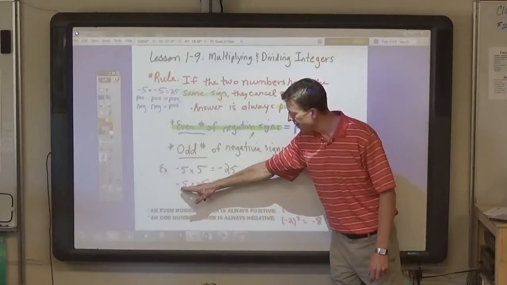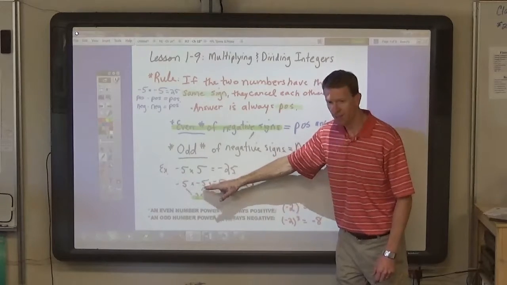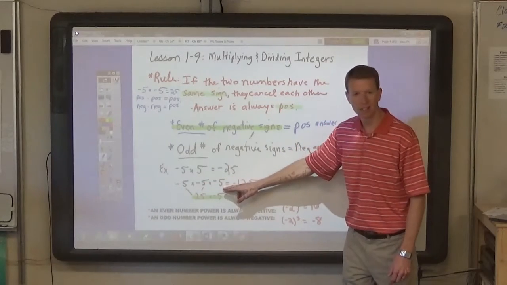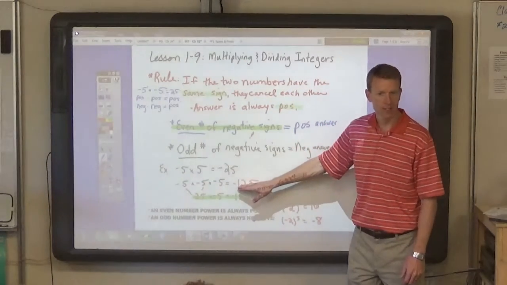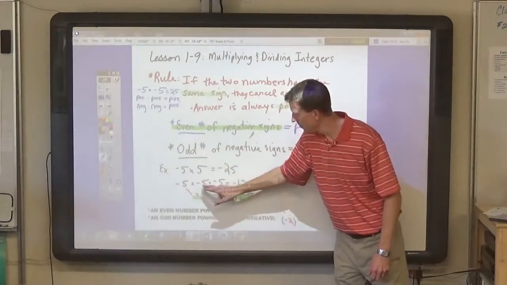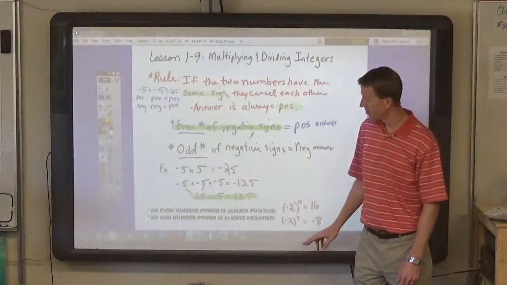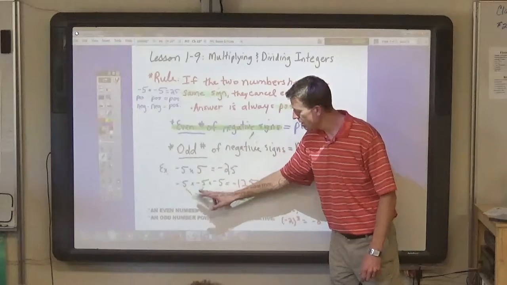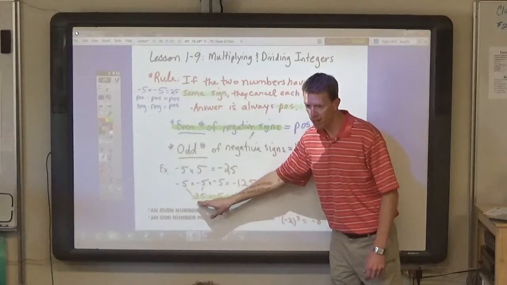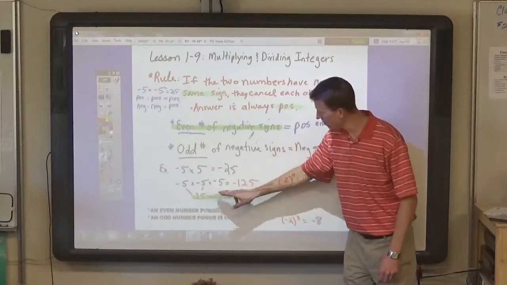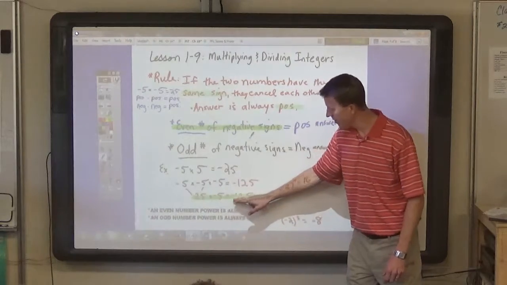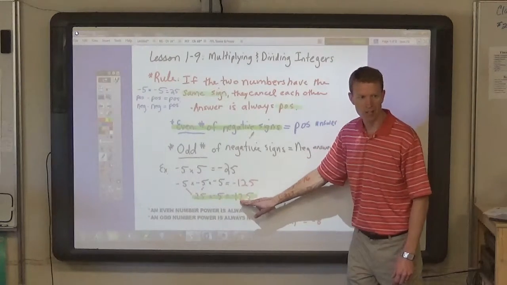And negative 5 times negative 5 times negative 5 is also negative because there's an odd number. Think: negative 5 times negative 5 is positive 25, and then positive 25 times negative 5 makes it a negative answer.